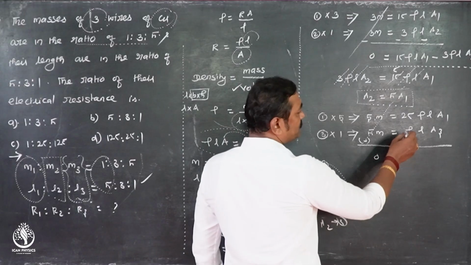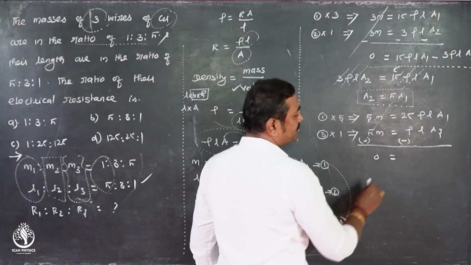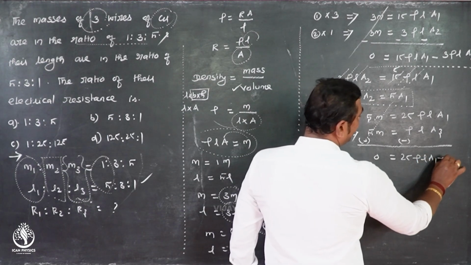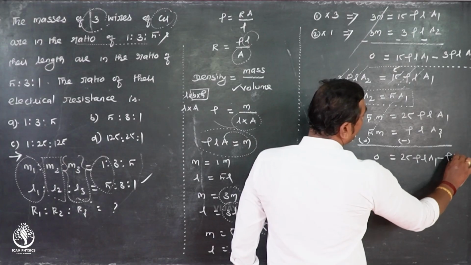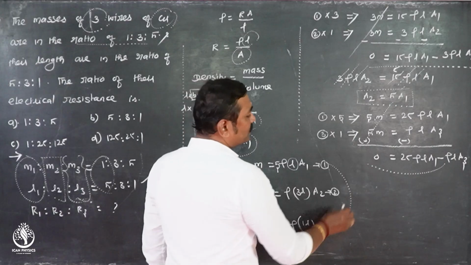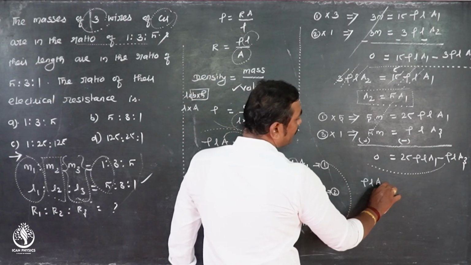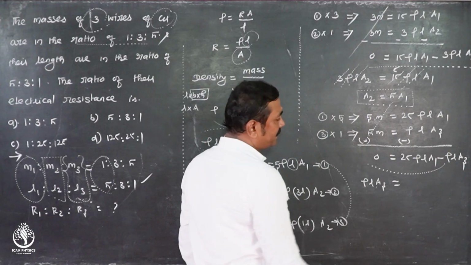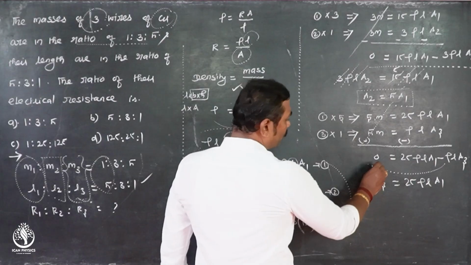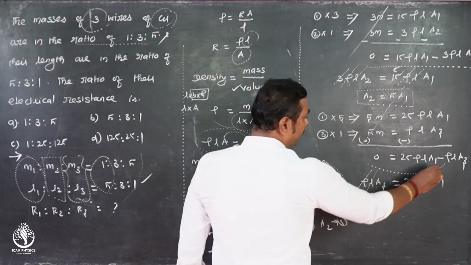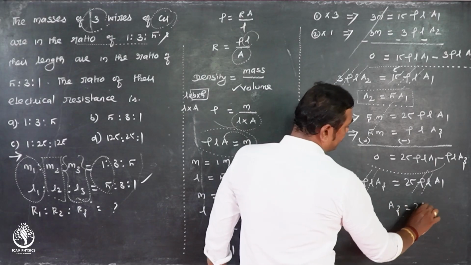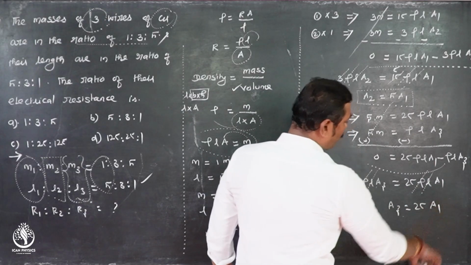So when we put the minus sign, it becomes 25 rho L A1 minus rho L A3. Now the minus value comes with this as plus. So rho L A3 equal to 25 rho L A1. Now rho L getting cancelled, so that we can write A3 equal to 25 times of A1.